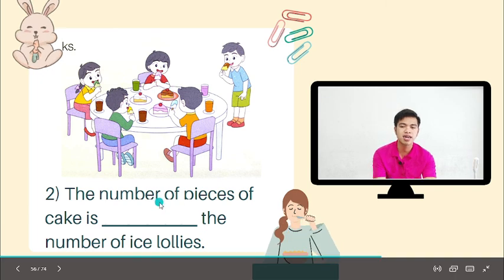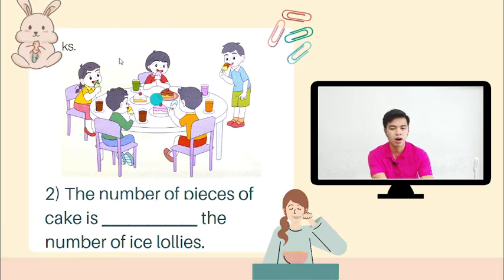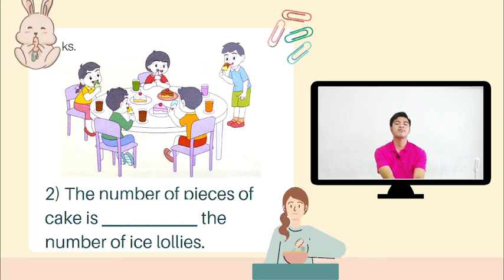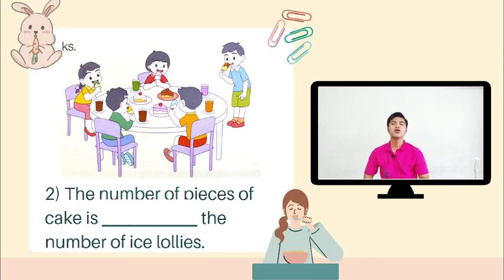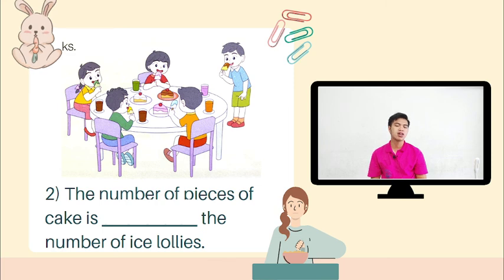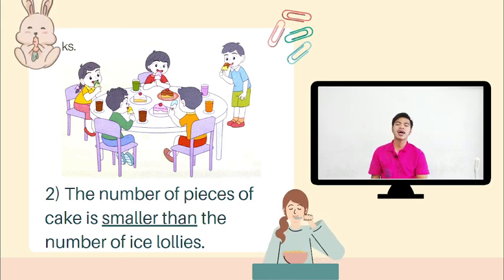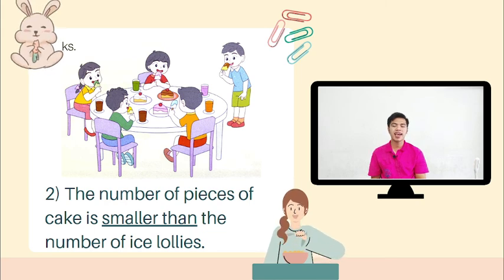And then let's count the number of lollies. 1, 2, 3, 4, 5. Just enough for all of them. Is the number of pieces of cake smaller or bigger than the number of ice lollies? Very good. The correct answer is smaller than. The number of pieces of cake is smaller than the number of ice lollies.